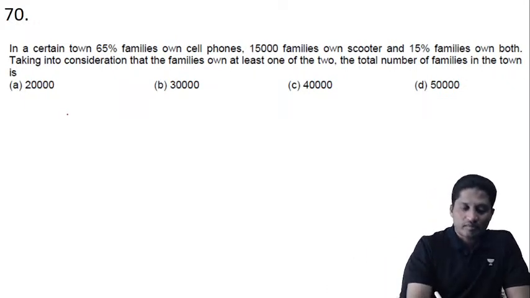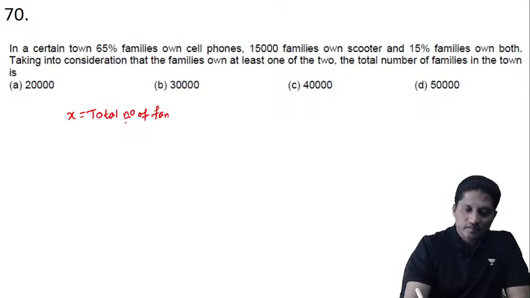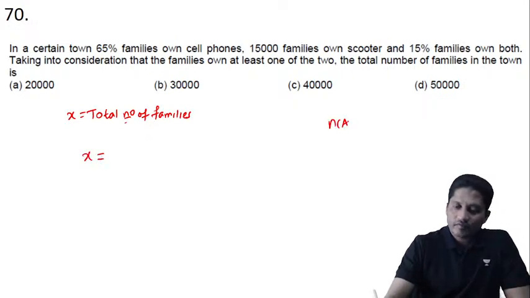Let's say the total number of families is equal to X. So n(A) is equal to 65% of X. n(B) is exact, owning a scooter, 1,500.